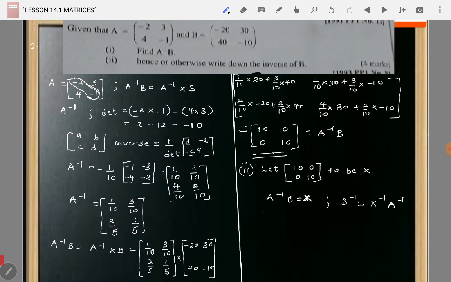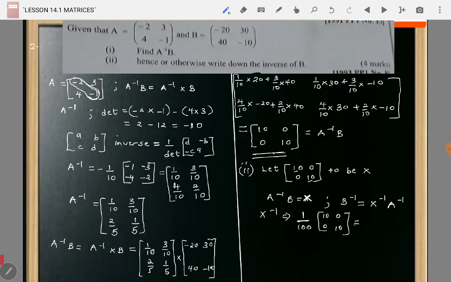So to get the inverse, to find x inverse, we proceed as follows. We get 1 over determinant, which is 10 times 10 minus 0, which is 1 over 100, multiplied by [10, 0; 0, 10].